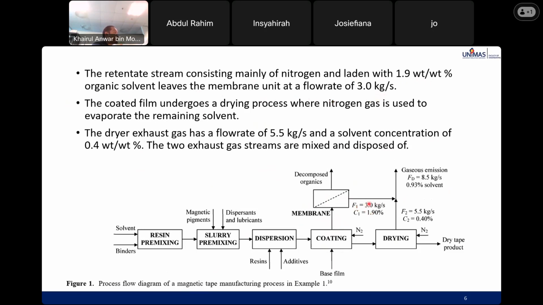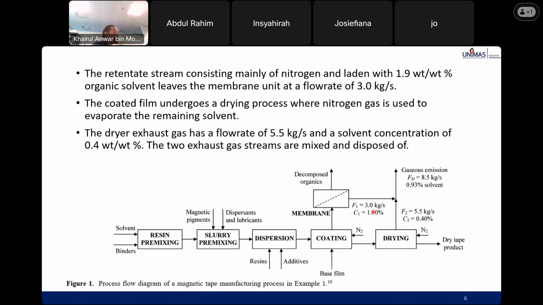The coated film undergoes a drying process here, where nitrogen gas is used to evaporate the remaining solvent. In this case, this nitrogen is fresh feed and they don't recycle it.